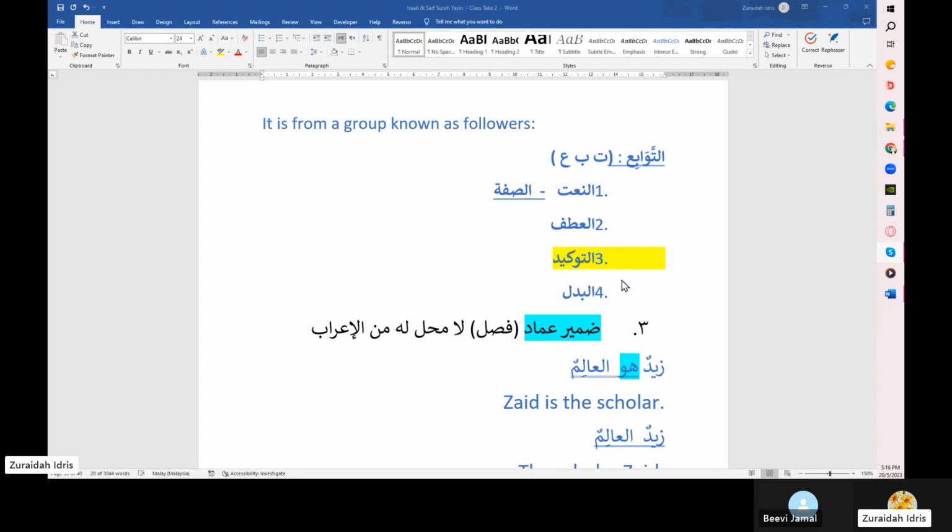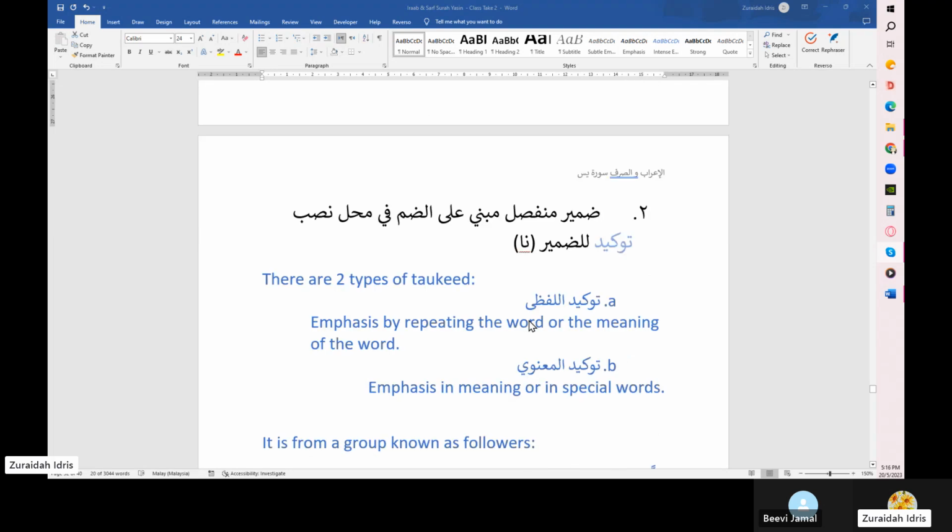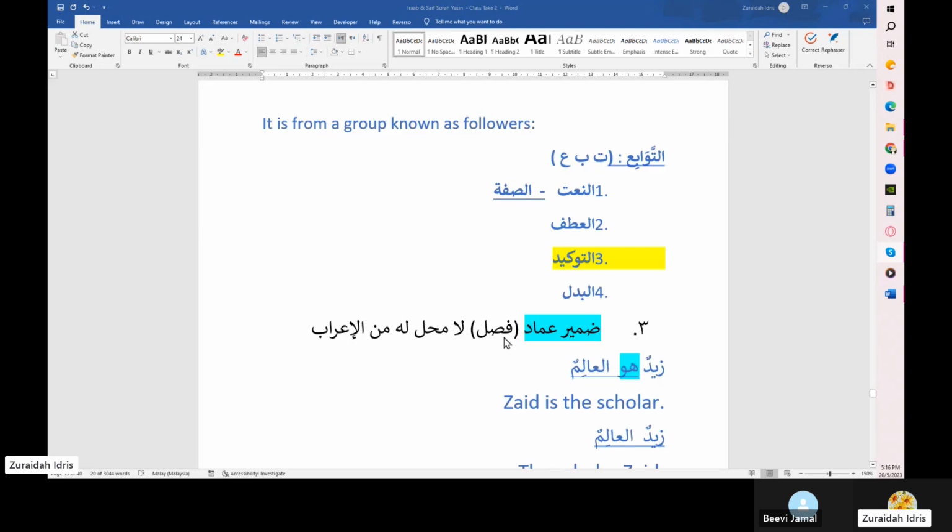Now the third case of this damir is damirun fasl, not munfasil, fasl. So this one makes something separate. We use the term separation here, to separate.